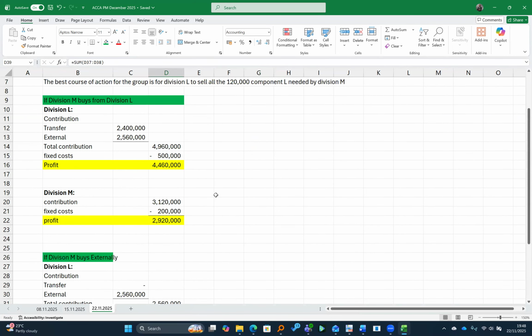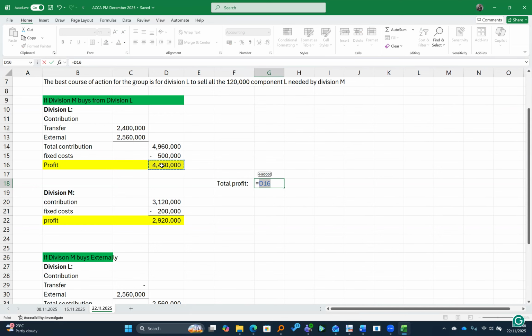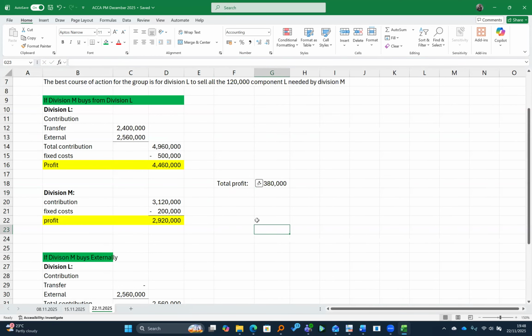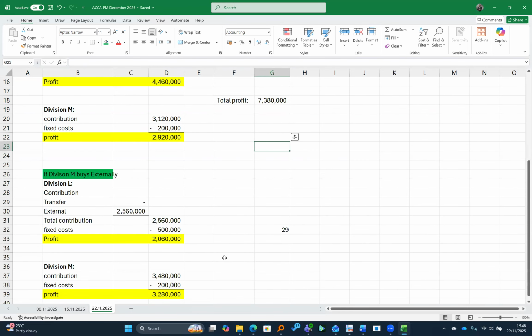But now, the total profit, which is the one that the group is concerned about, in the first instance, it is this plus this, which gives you 7.38.